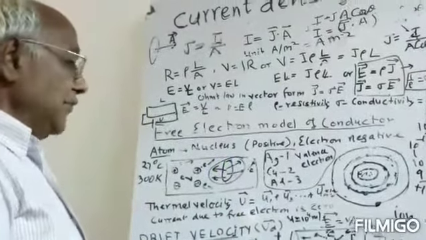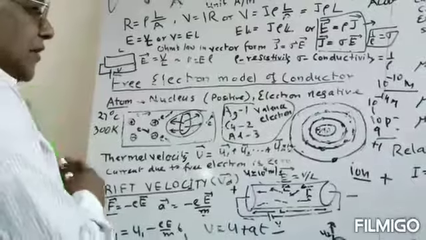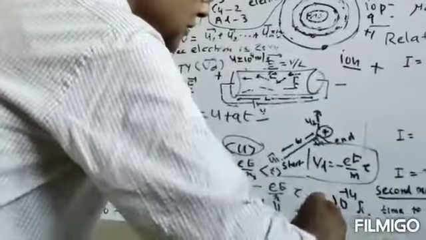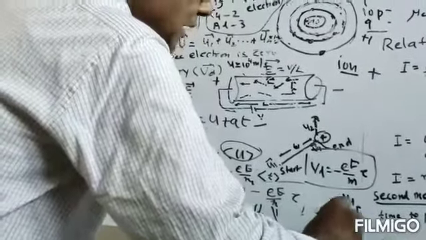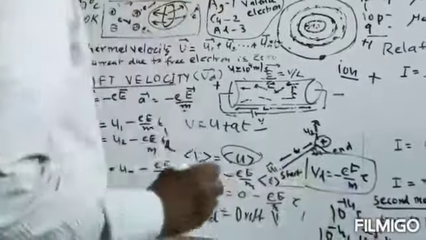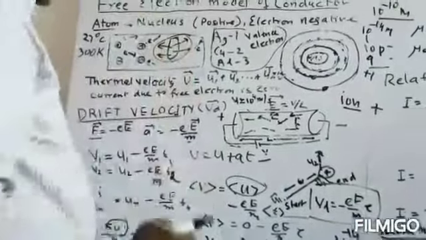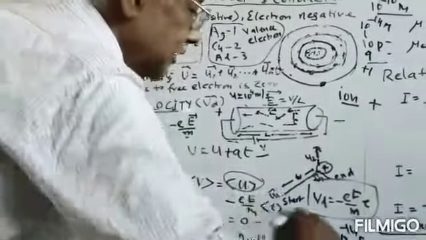Now, what will be the magnitude of the drift velocity? Drift velocity is of the order of 10 raised to minus 4 to 10 raised to minus 5 meter per second. And what is the thermal velocity? Thermal velocity is very high.